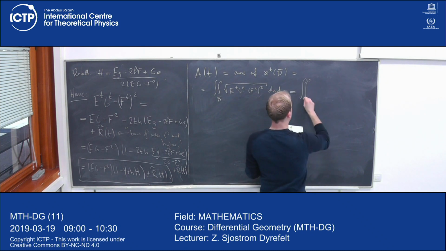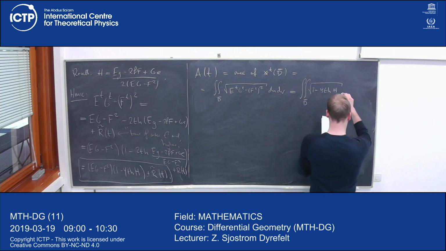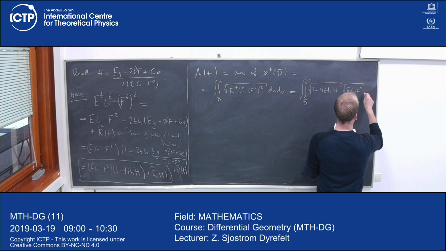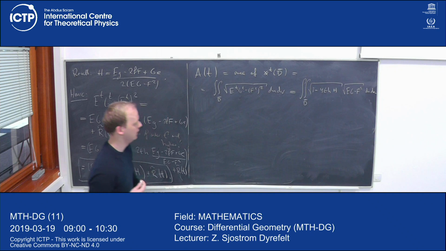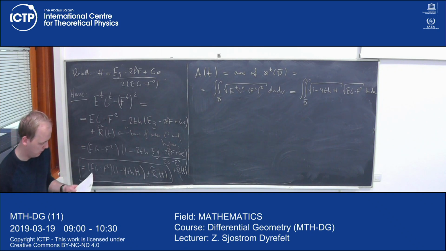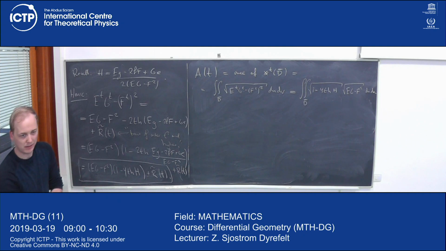It is equal to the integral over d bar of square root of 1 minus, so this is by the computation that we just made, this thing here, that's eg minus f squared, du dv. Okay, so this is clear. And now, if epsilon is small enough.